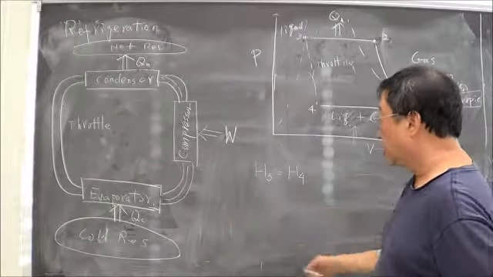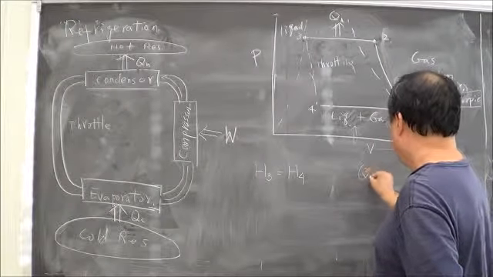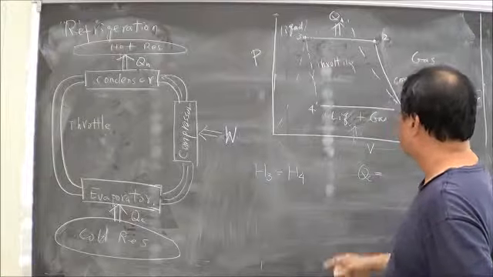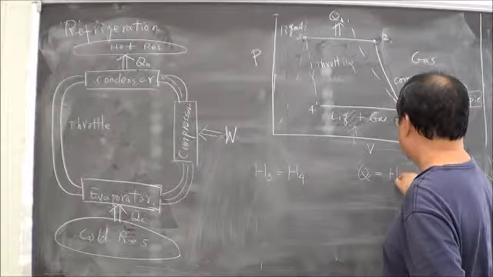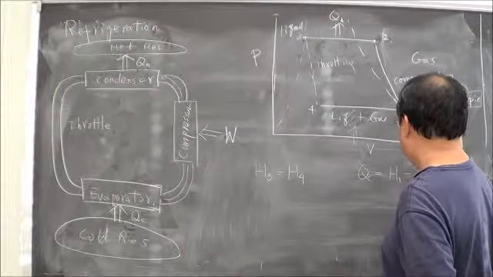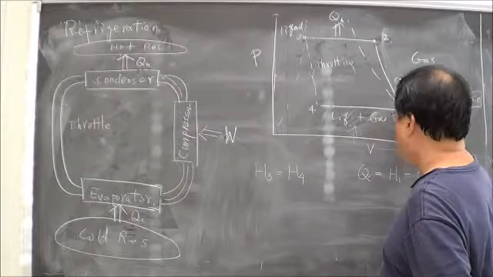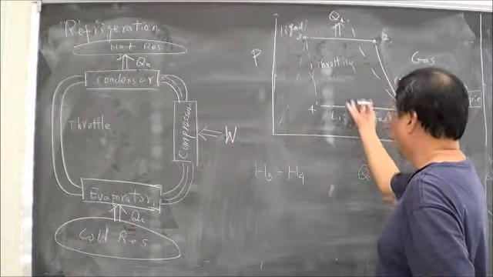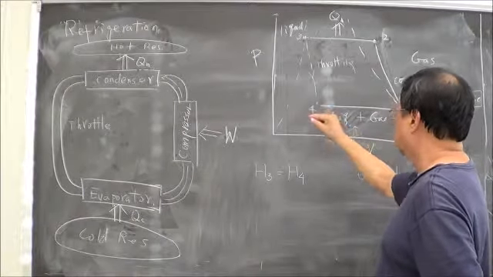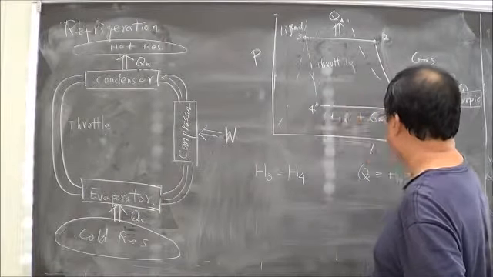So what is your QC that you extract? It is H1 minus H4. This is a high enthalpy because you suck the heat over here. This is a lower enthalpy, and so on.